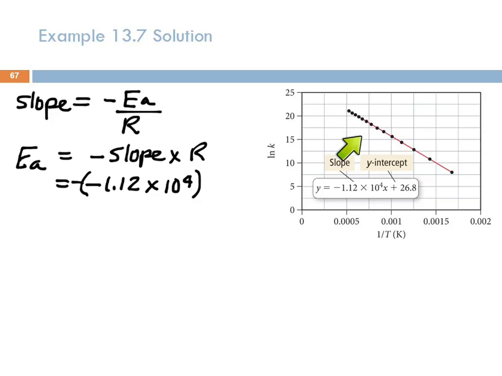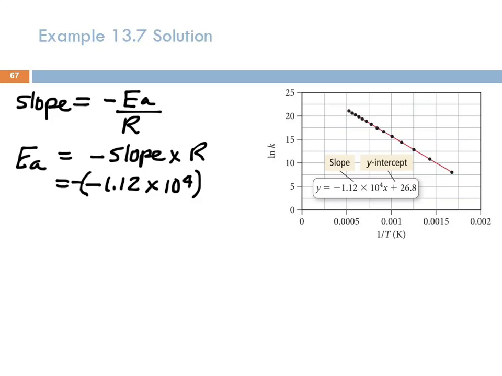Well, let's think about it. Slope is the rise over the run. What's the unit of natural log of k? You take the natural log of something and units basically go away, right? So that doesn't really have any units. What are the units on x? 1 over kelvins, right?